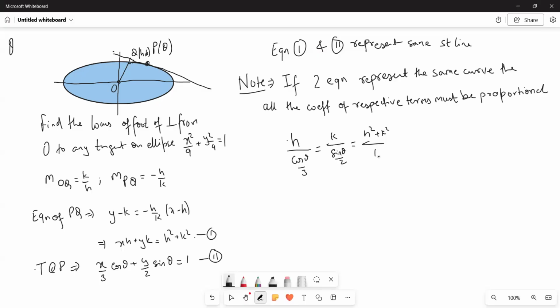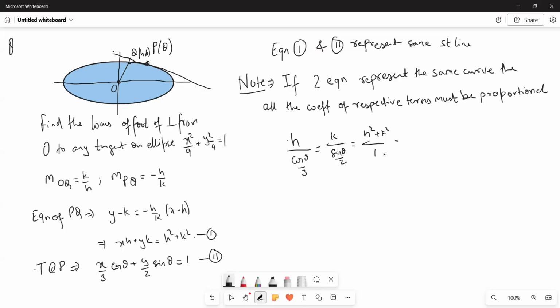Does everyone follow this? If two equations represent the same curve, then all the coefficients of the respective terms must be proportional. So that will give us a relation like this.